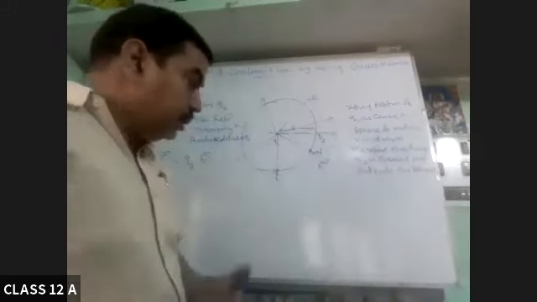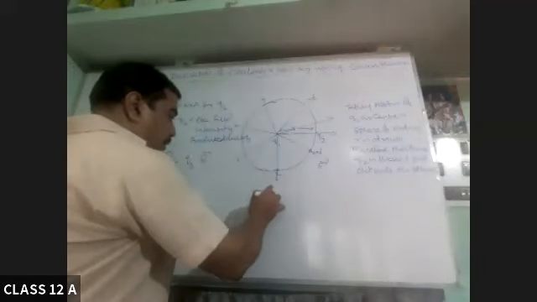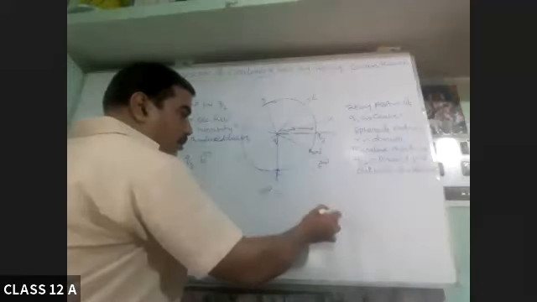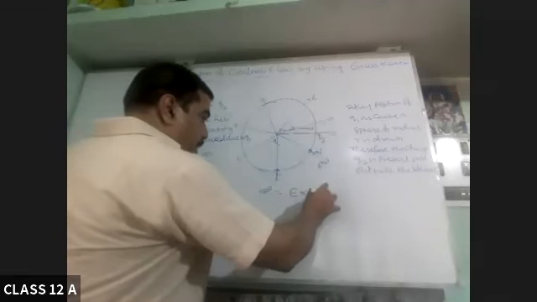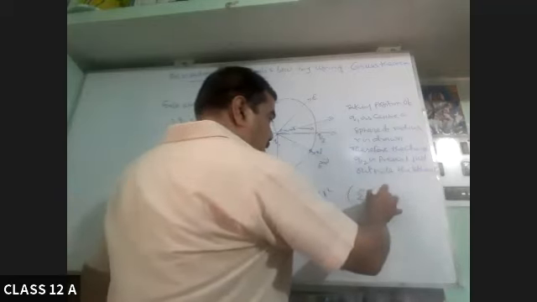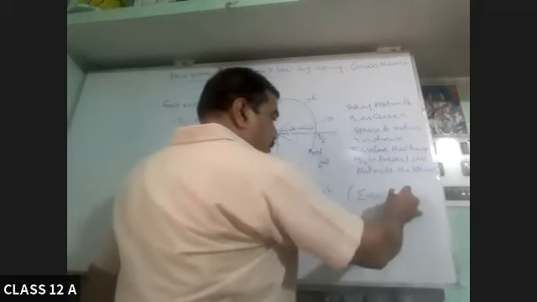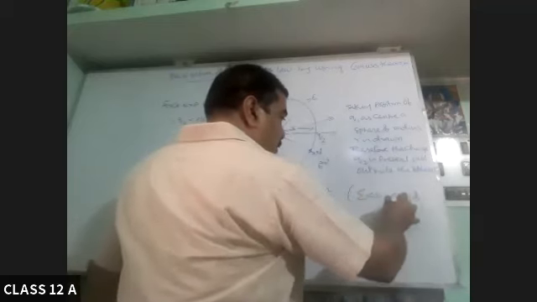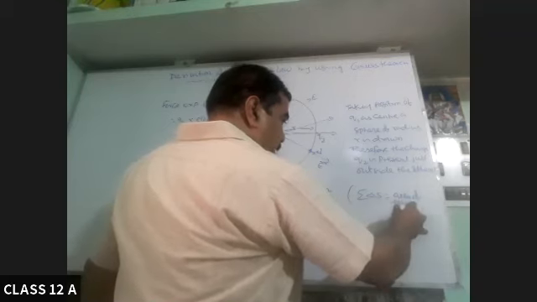So this phi will be E into 4 pi r square, because the summation of delta S is the area of the sphere, which is 4 pi r square.